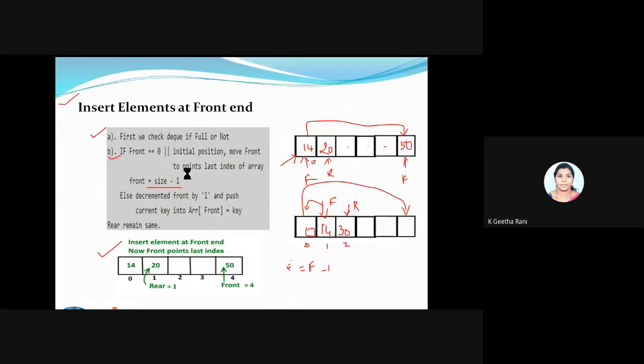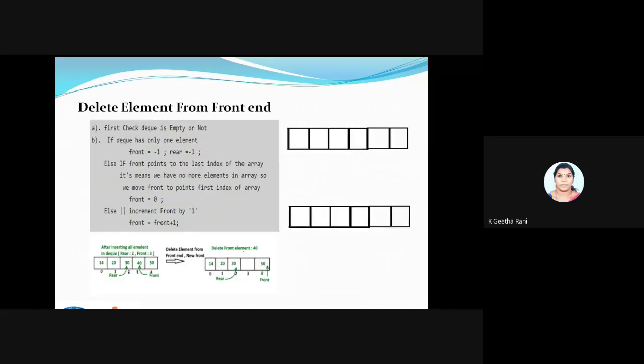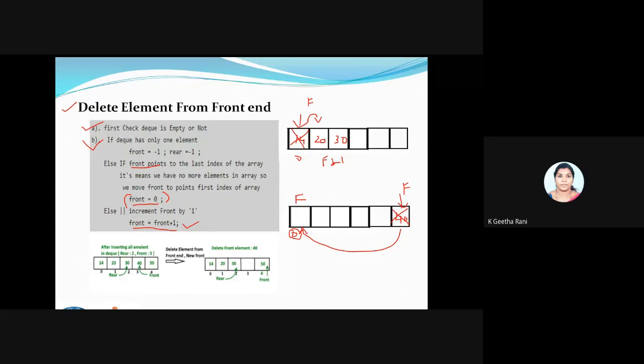And inserting an element at the front end has a unique condition, front is equal to size minus 1. In the same way here, rear is equal to size minus 1, and next one is front is equal to 0. This condition has been created only because I'm using circular array logic. Everything else remains the same. All other conditions remain the same as in a normal array.